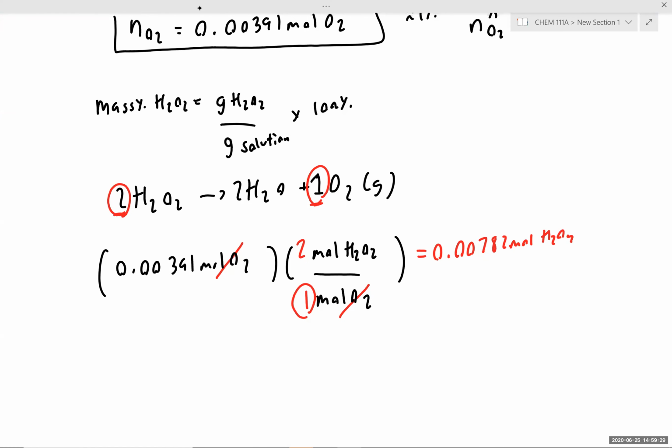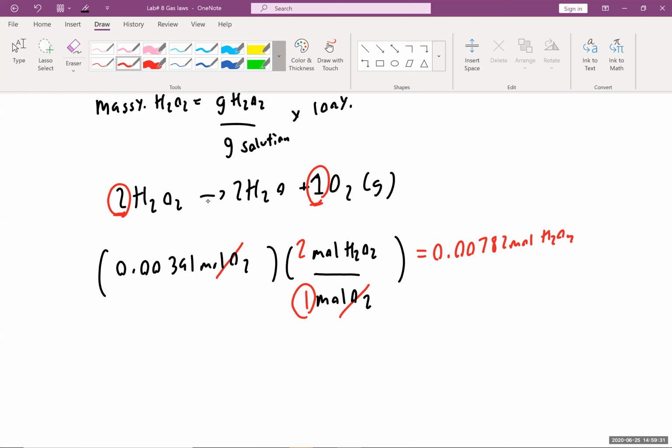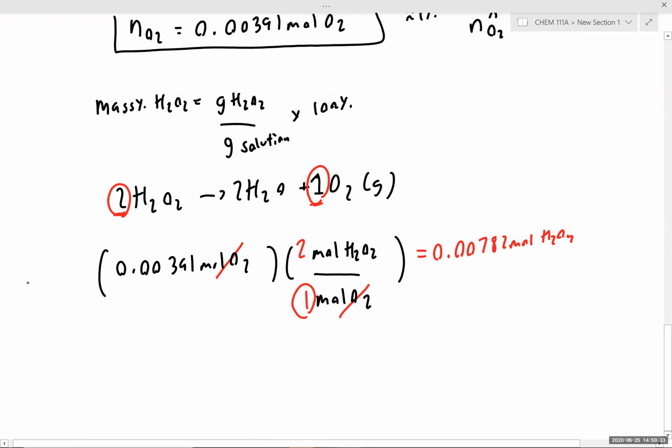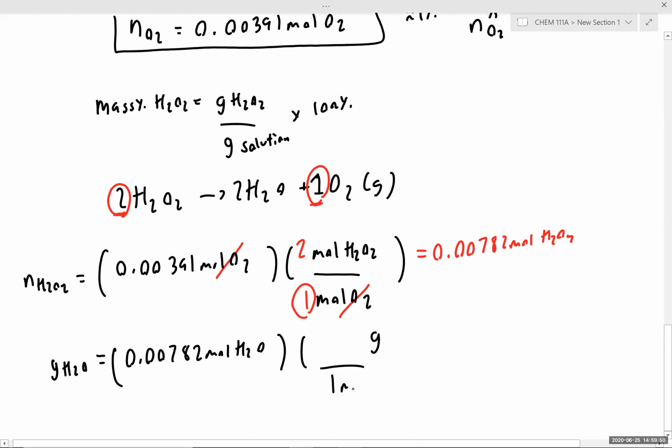Now, from this, we can figure out the grams of hydrogen peroxide. The way that we do that is we just take our moles, which is 0.00782 moles of hydrogen peroxide, times the molar mass. And how many grams are in a mole of hydrogen peroxide? What is our molar mass in this case?